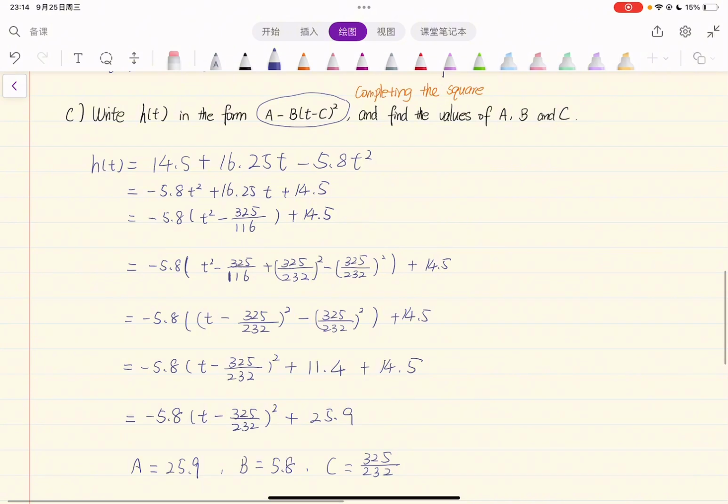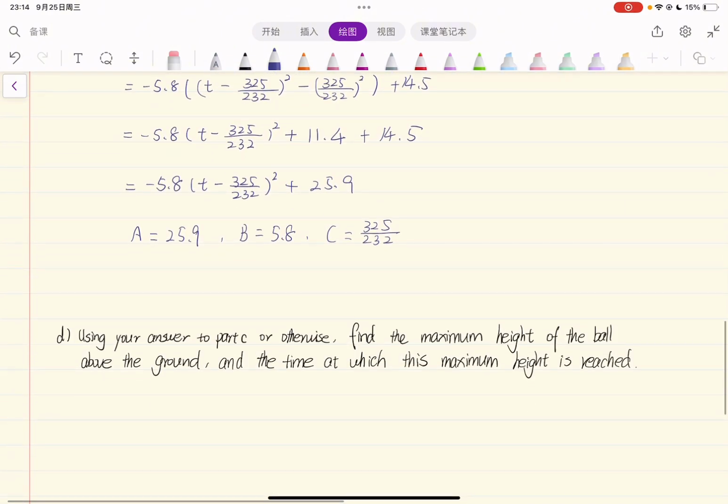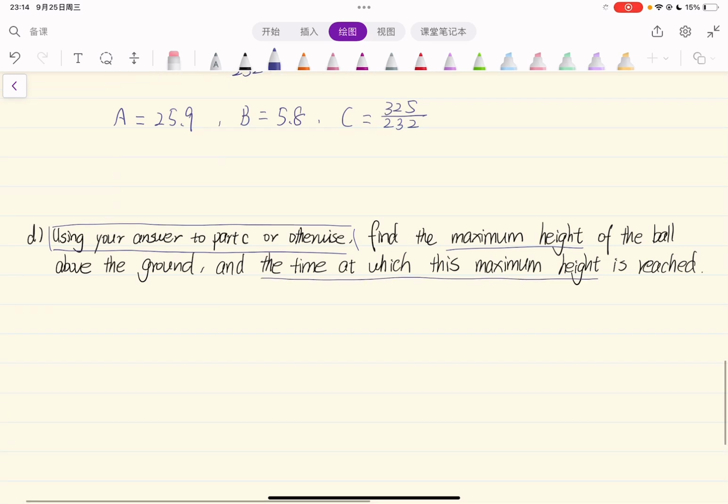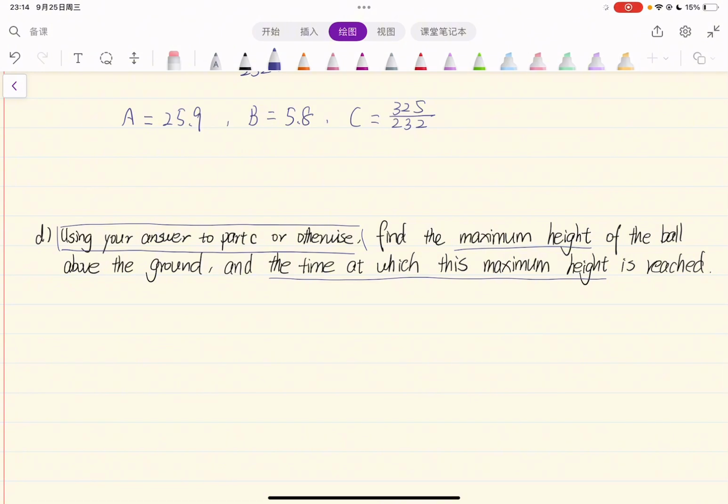Okay, now for part D, it asks you to use your answer to part C or otherwise. As I have told before, when you see this, we can use the answer from the previous question. Find the maximum height of the ball above the ground and the time at which this maximum height is reached. In other words, it asks you about the turning point.